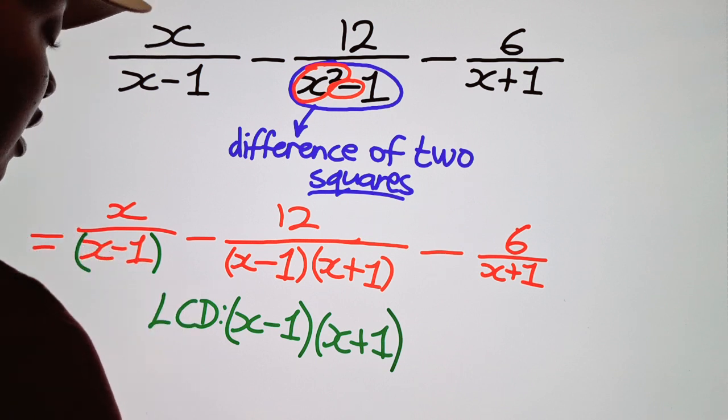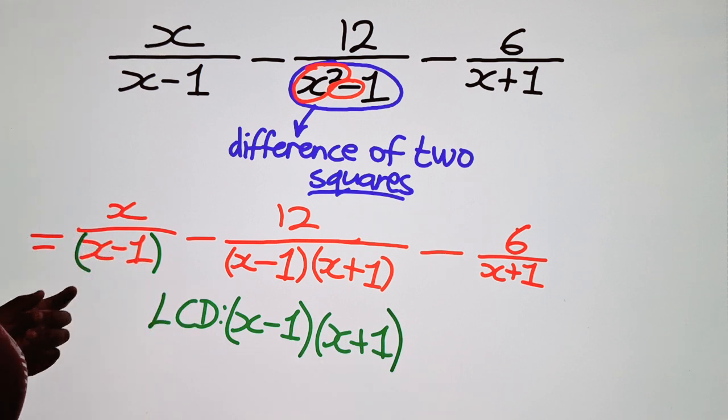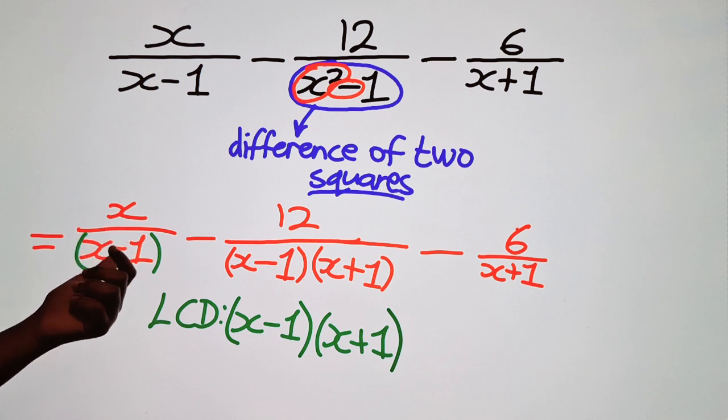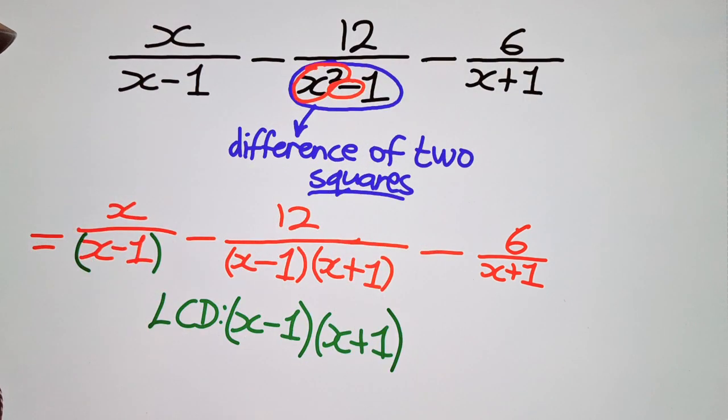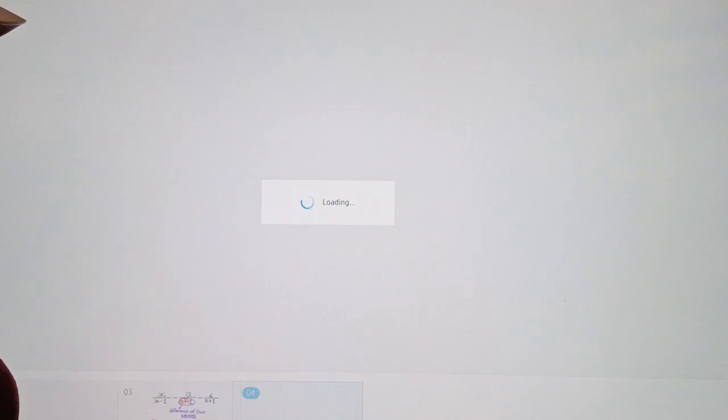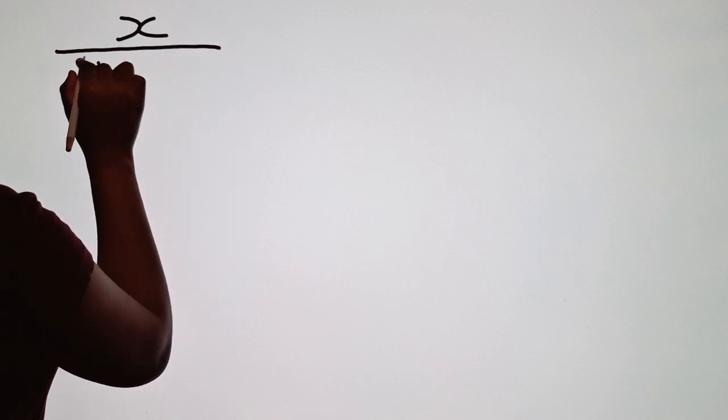I think I'm going to need to go to the next page. The first fraction is x over x minus 1, right? Let me do this. x over x minus 1.